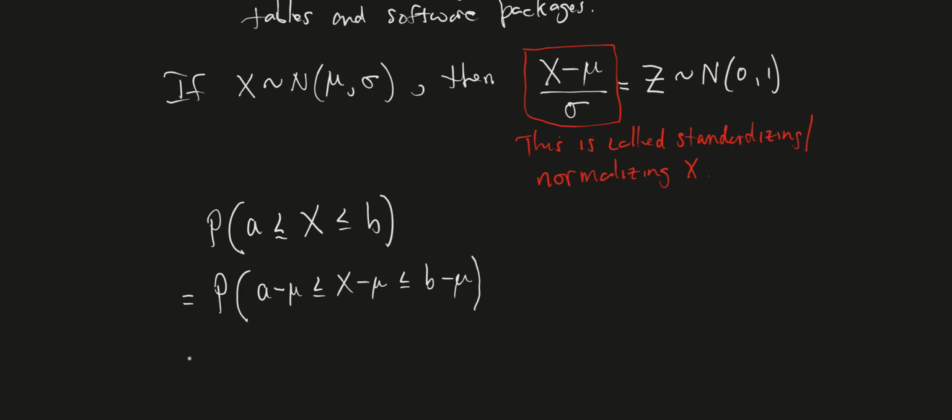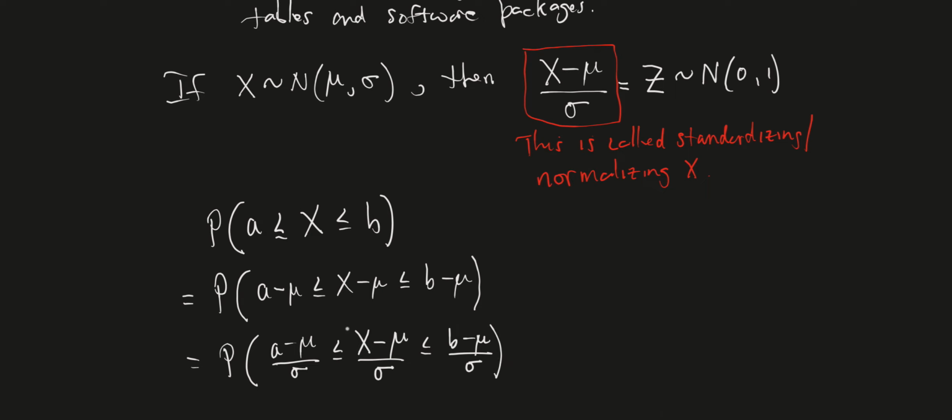And then the next thing we would do is divide each part of this compound inequality by sigma. Now, because sigma is greater than 0, I don't have to worry about flipping the inequality signs. So then I'll take my a minus mu over sigma, and then I'll have my x minus mu over sigma, and then I'll have my b minus mu over sigma.